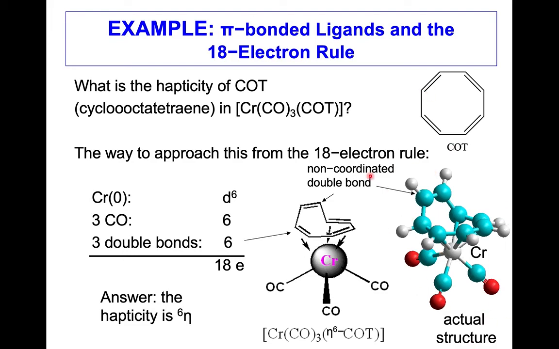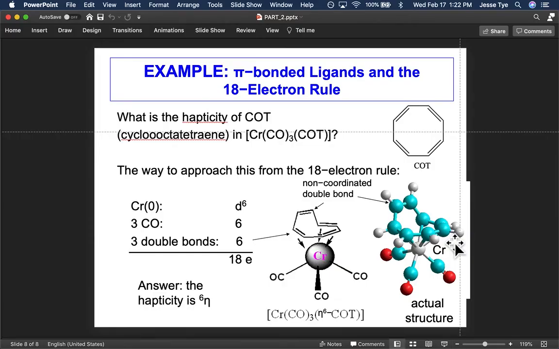And this is the actual structure. Someone got a crystal structure and looked at it. And you see, it doesn't want anything to do with that extra pair of electrons. The organic group is rotated up and away, and so they're nowhere near the chromium center, and the chromium is binding to 6 of the 8 pi electrons.